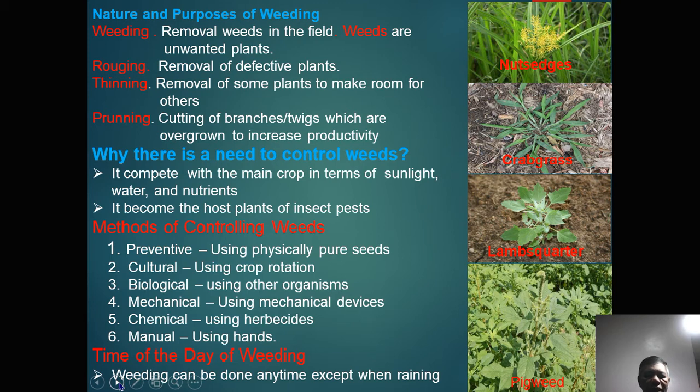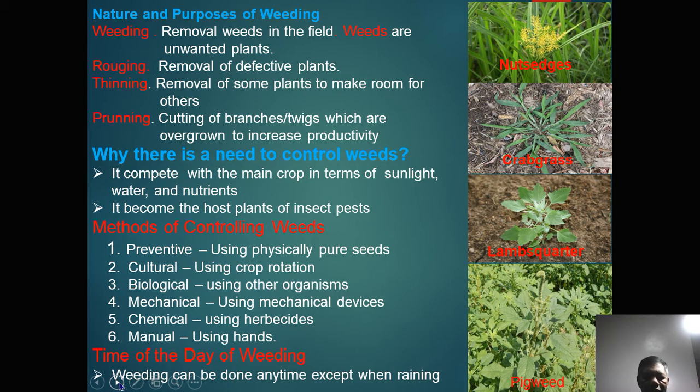We have rogueing. Rogueing is the removal of defective plants in the field. Sometimes we remove volunteer plants. It can be considered as rogueing.